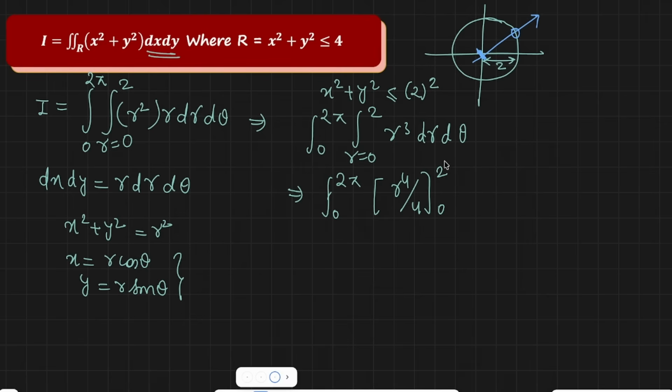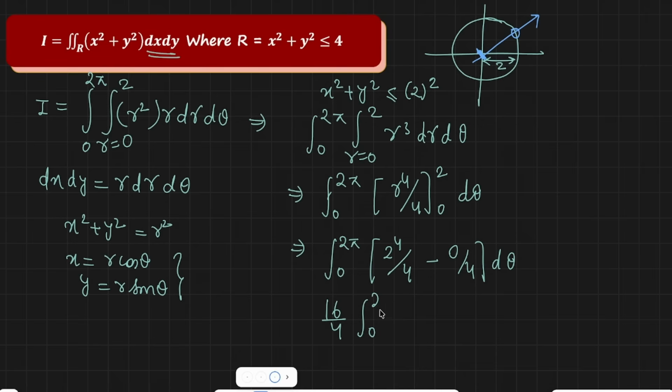Now from 0 to 2 pi, you put the values: 2 power 4 upon 4 minus 0, d theta. 2 power 4 is 16, so 16 by 4, and it is the integral from 0 to 2 pi of d theta. So it will be 4 times theta, from 0 to 2 pi, and when I put the limits, it is 8 pi. So this is the answer to this question.